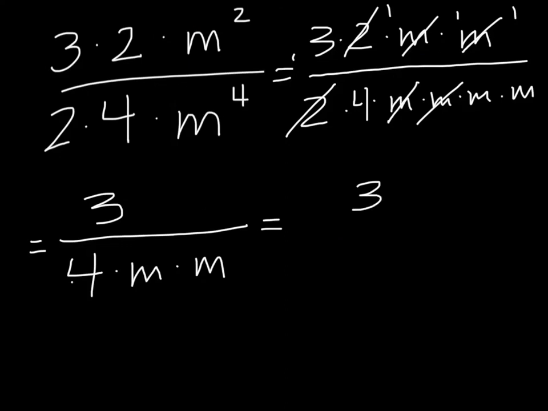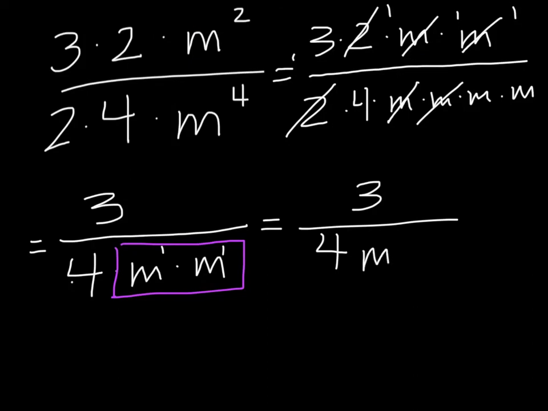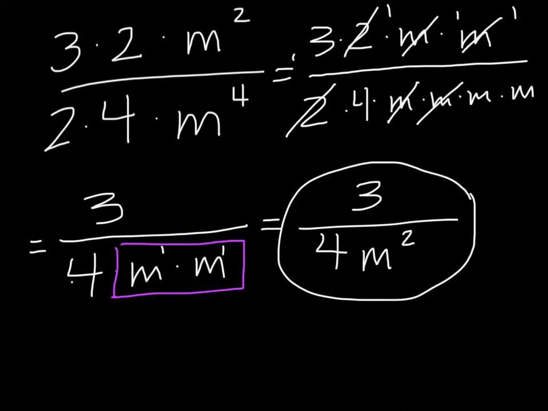We have 3 divided by 4, and now we could use law 1 on these. Same base, but I have to change them to powers. So m to the 1st times m to the 1st, add the exponents, is m squared. So my final answer for that whole process is 3 divided by 4m squared.